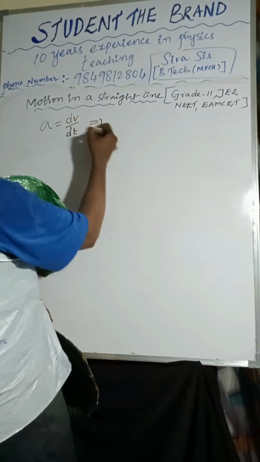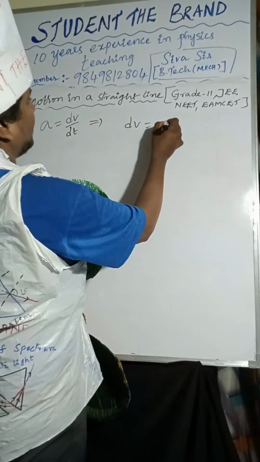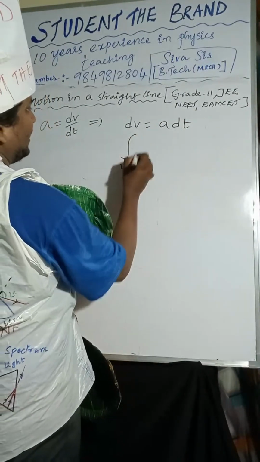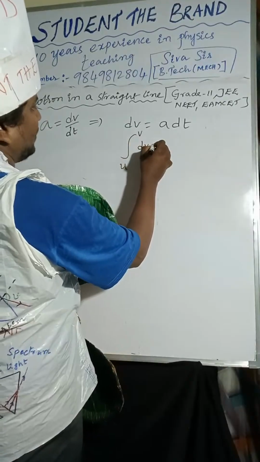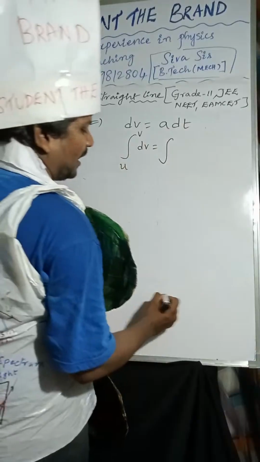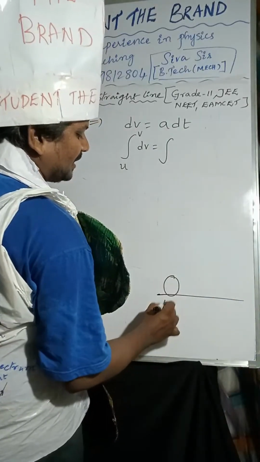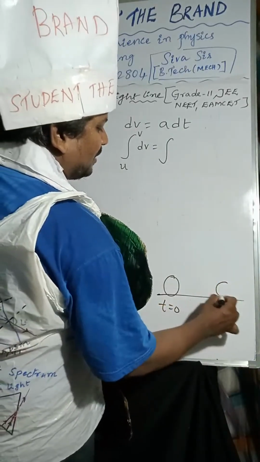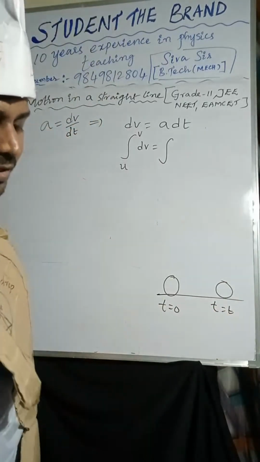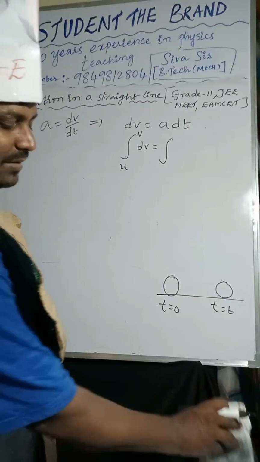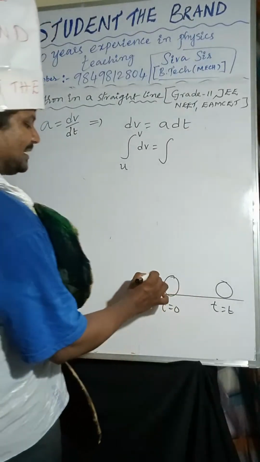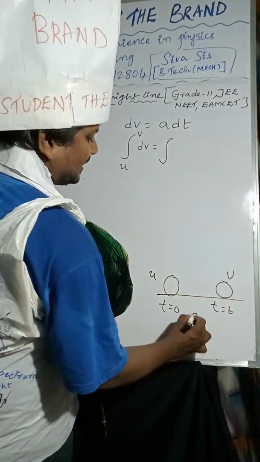So from this, dv equal to a into dt. If you take integration from initial to final, the body has initial velocity u, final velocity v after a certain time t, and it moves until a certain distance s.